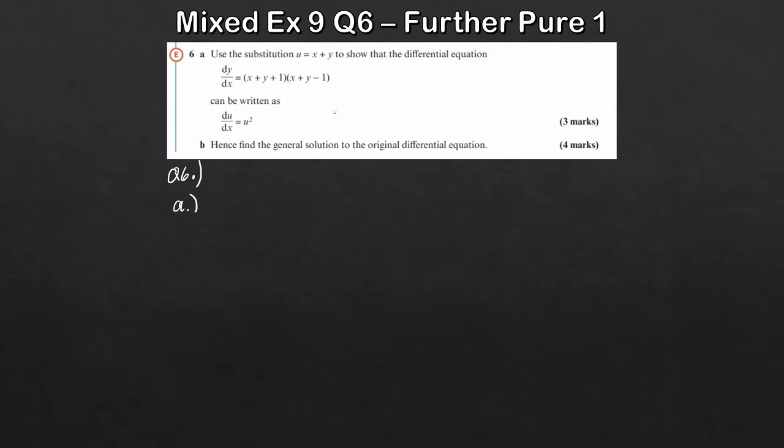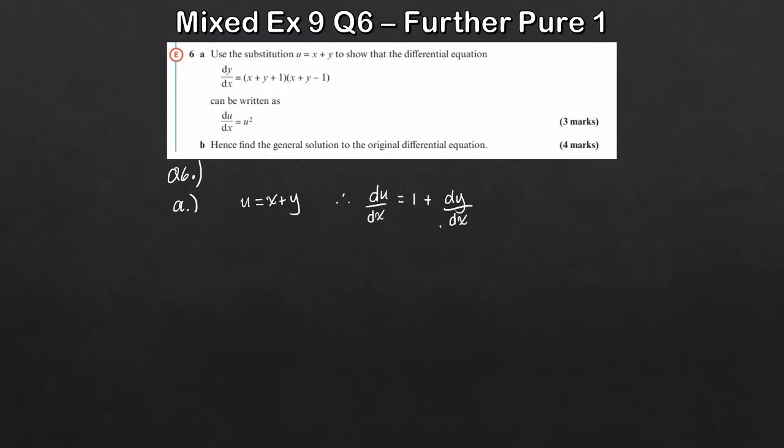With it being already in terms of u, we get to escape having to rearrange it, but we will need to differentiate it. So u equals x plus y. Differentiating, du by dx is equal to 1 plus the differential of y, so dy by dx.